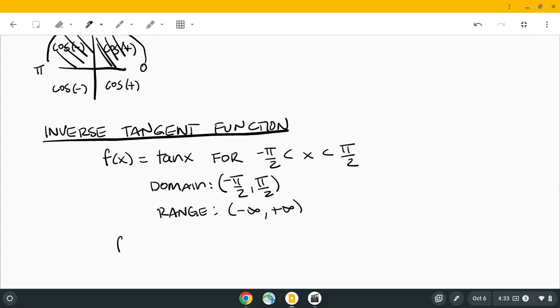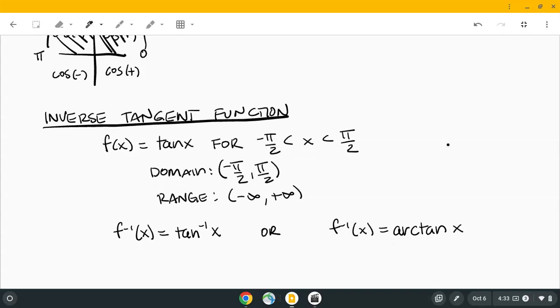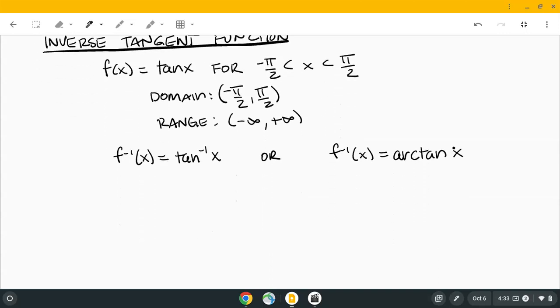Okay, so when we look at the inverse, here again, we have two ways to look at it. We can look at it like that, or we could use the arctan. And the inverse interchanges the domain and range.